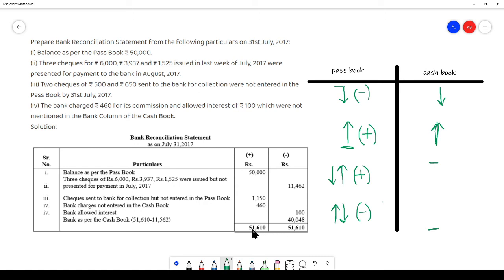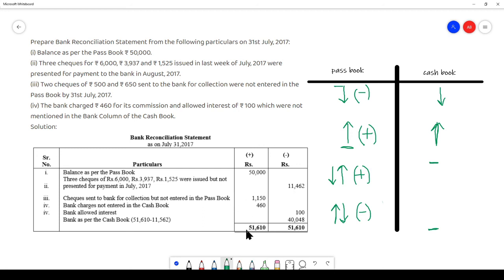Now I have written equal balances on both sides. Definitely my negative column will not show the exact amount. There will remain a balance. This balance is nothing but the bank balance as per cash book. I'm going to write the balance amount in this column.